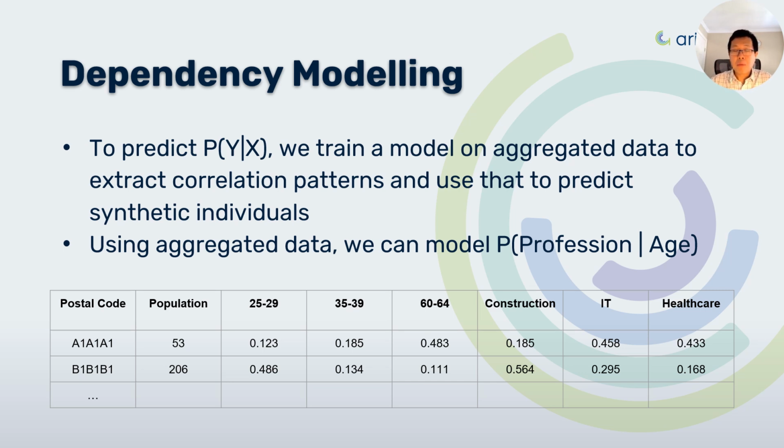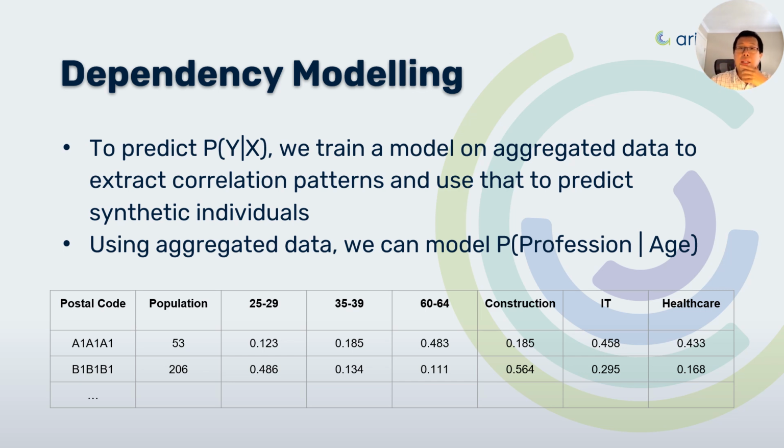For example, if we see that postal codes with higher income also have a higher proportion of people traveling to Europe next year, if we see a positive correlation between income and traveling, then we'll say at the individual level, such correlations also exist. So in other words, if this is true at the postal code level or at the aggregated level, then at the individual level, those who have more money will also have a higher tendency to travel.